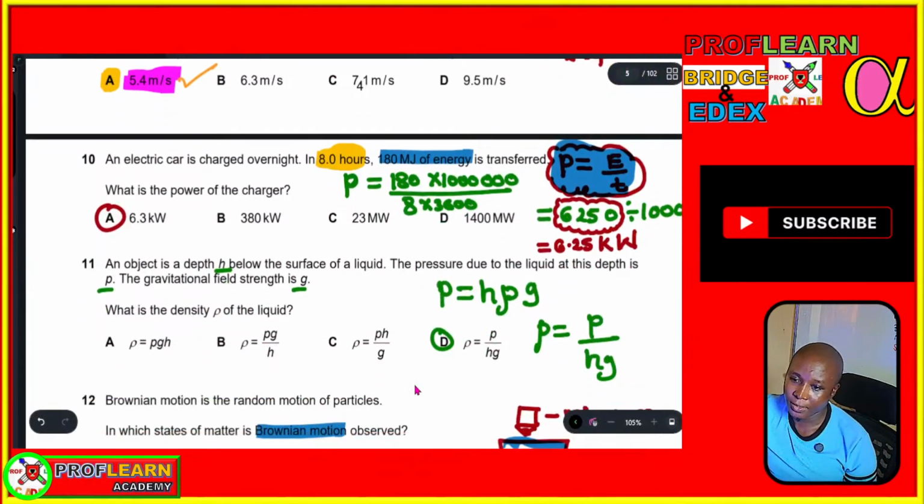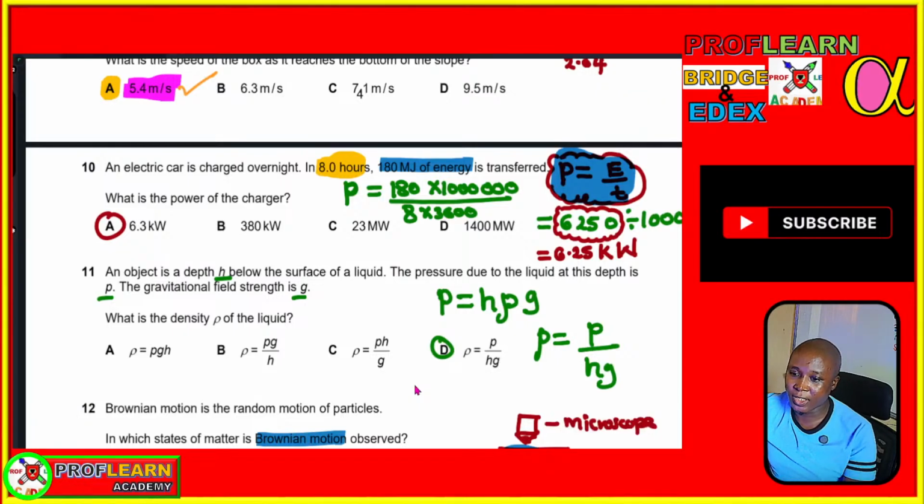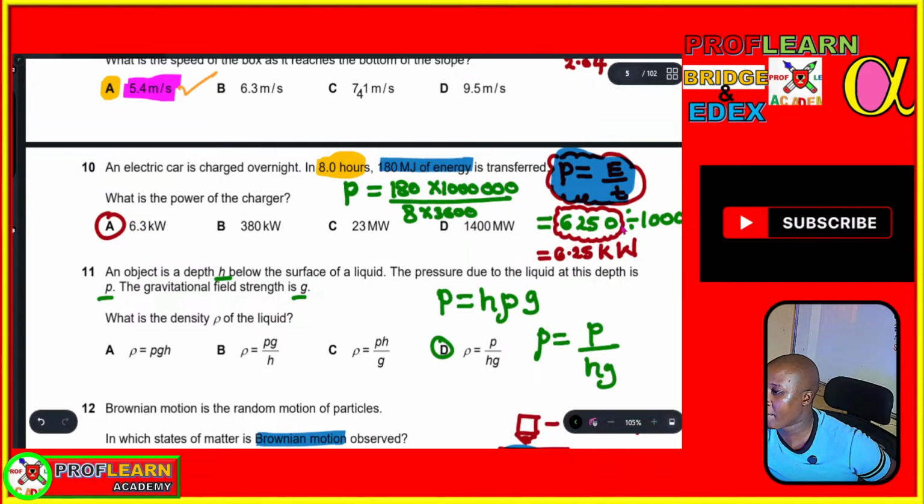In question number 10, we are told an electric car is charged overnight in 8.0 hours, and 180 megajoules of energy is transferred. We need to remember the formula that power is equal to energy over time. What is the power of the charger? Power must be in watts, and energy should be in joules.